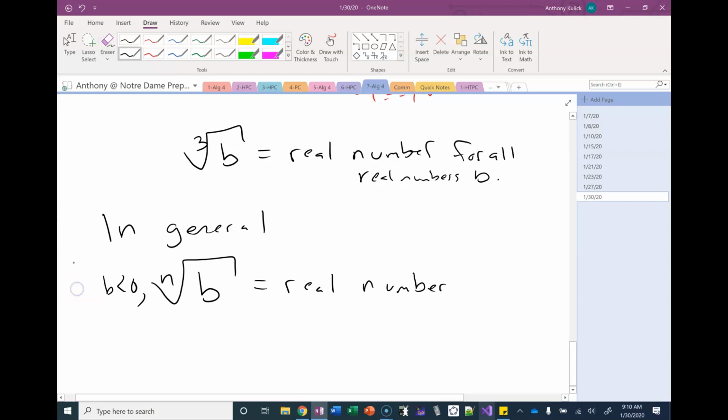So if you think about square roots and we think about cube roots, what's going on there? What do we think?